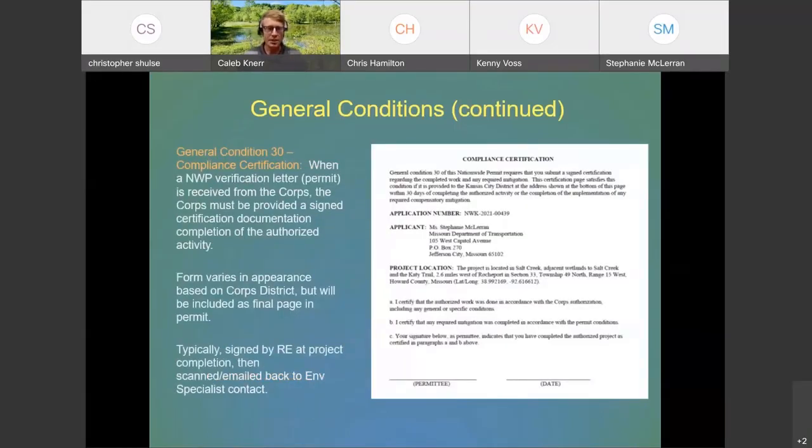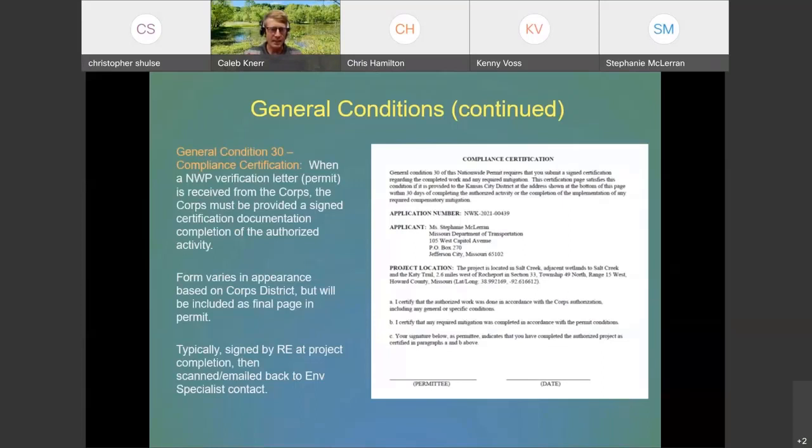Just some more conditions. Like I said, there are a lot of conditions on top of all the things that we look for and do in the 404 permitting. General Condition 30 just requires that this compliance certification is signed by the resident engineer at the end of the project. This is essentially to certify that the project was completed in accordance with all those conditions I just mentioned, and that any special conditions in the permit were followed.